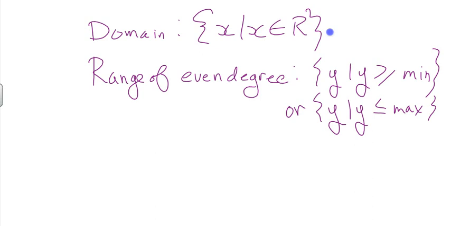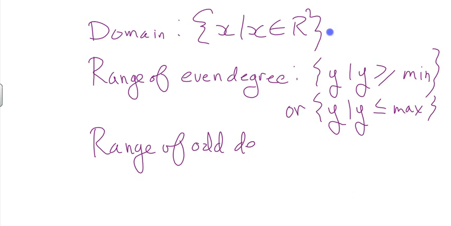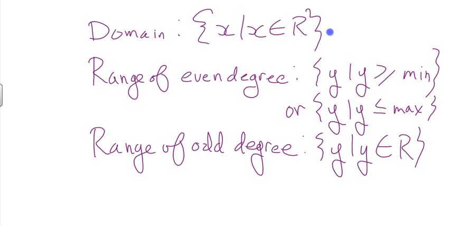So with a positive leading coefficient, an even degree will open up. With a negative leading coefficient, an even degree will open down. And what's the range of an odd degree? Yeah, y is an element of the reals. Okay, so every odd degree we know has to cover all real numbers, right? Whereas even degrees are greater than or equal to a minimum, or less than or equal to a maximum.